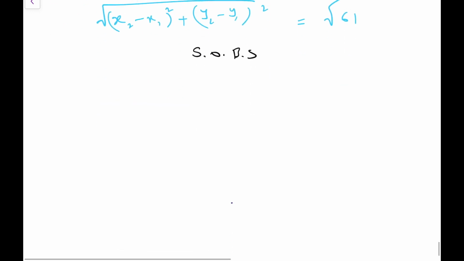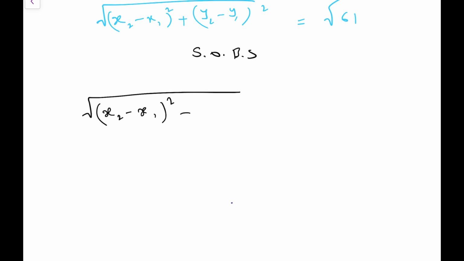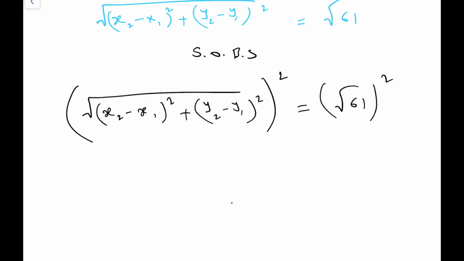So what it will become then? Under root x2 minus x1 whole square plus y2 minus y1 whole square is equals to under root 61 whole square. So square root square cancel, square root square cancel. Then we remain with x2 minus x1 whole square plus y2 minus y1 whole square equals to 61. Now let us substitute.